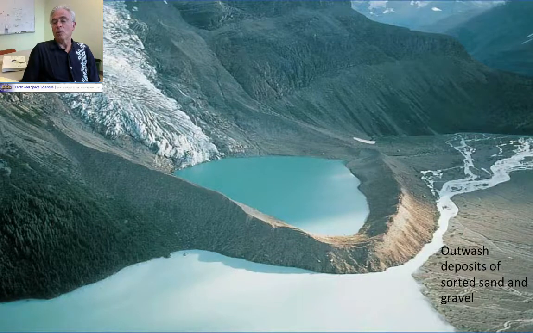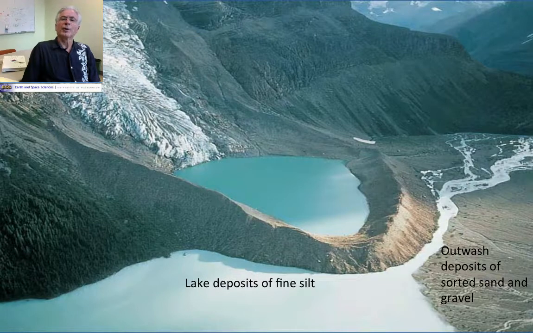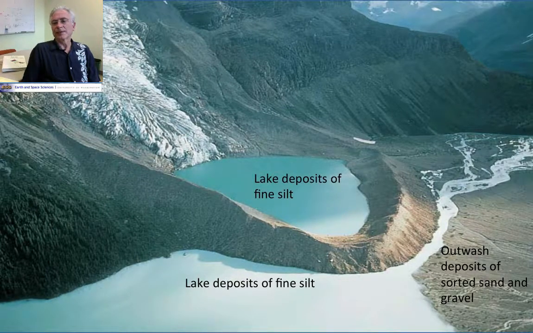Sorted meaning the fluvial transport has graded the material from fine to coarse depending on how fast the water was moving. Where the water was not moving at all in the lake, very fine grained materials settle out. And in this lake here, there's fine-grained silts.